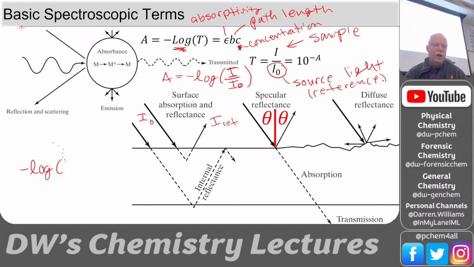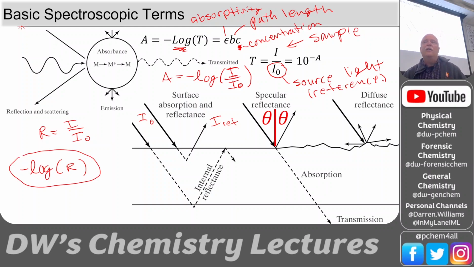We call this R. And there's really not a name for that. We have absorbance, but we don't really have a term. This is like absorbance, but it's not absorbance because we're dealing with a reflectance, not transmittance. So this is common. We would use this term here, and we would just list it as log R reflectance.